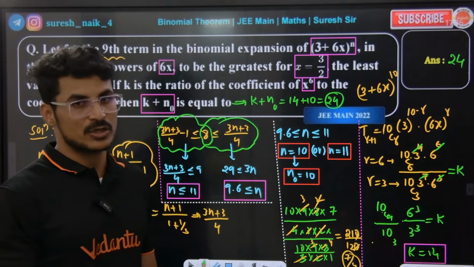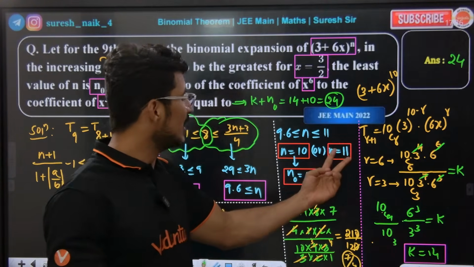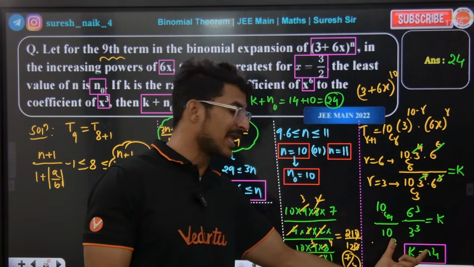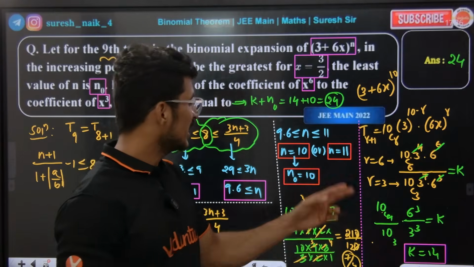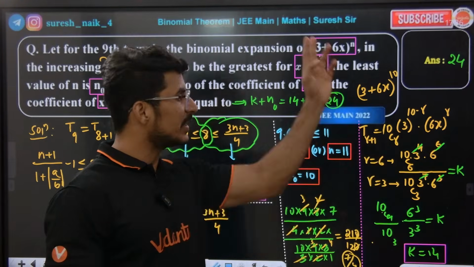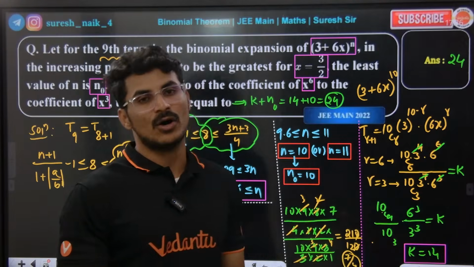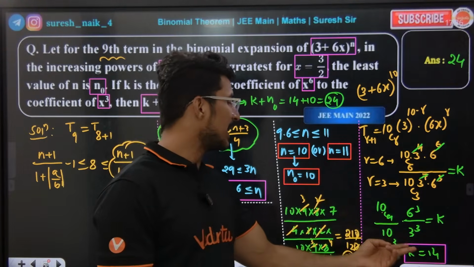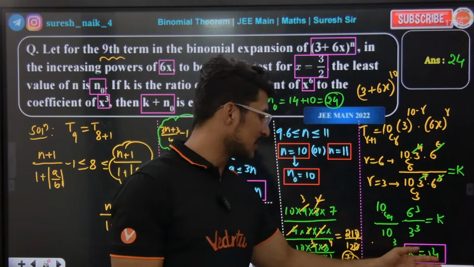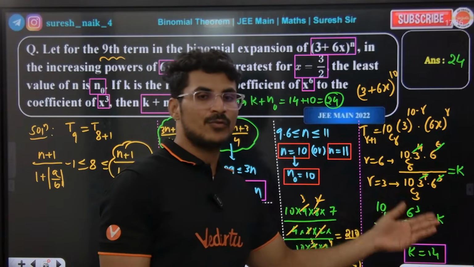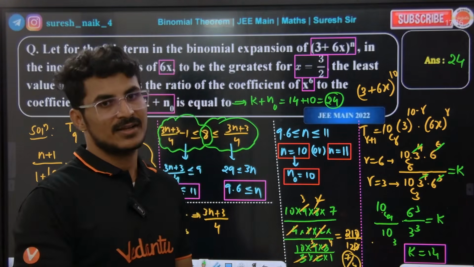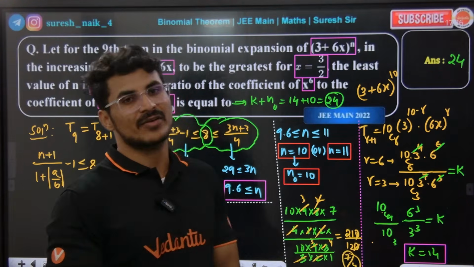But I'll tell you because I already solved this question. If you put n value 11, the k value will be different, something else. But they should have given a condition on k, like k should be more than 14 or less than 15, something like that.